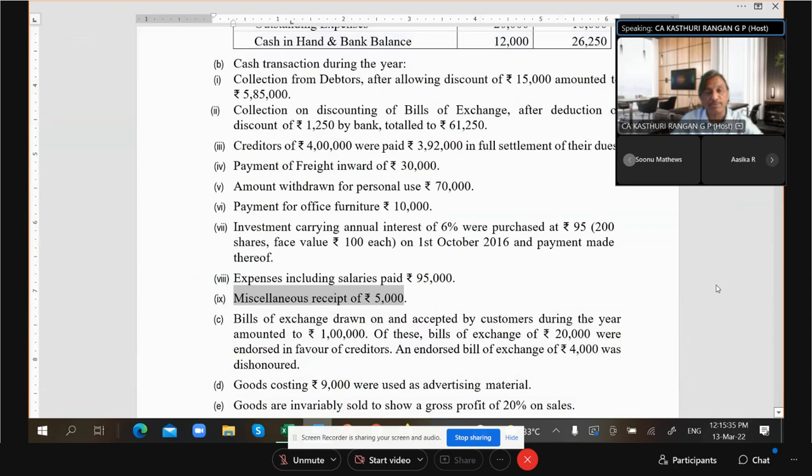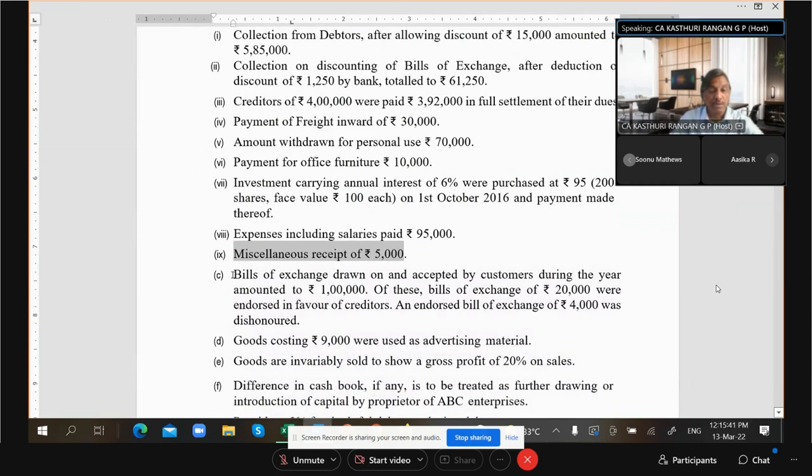Now we come to an important point. Bill of exchange drawn on and accepted by the customer, amounting to 1 lakh. You received a bill receivable. What is the entry for that?